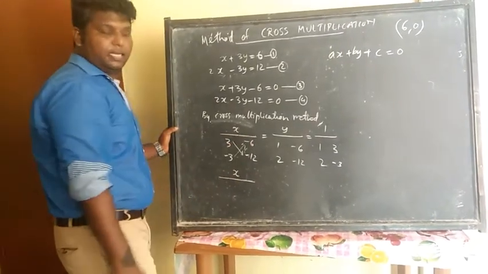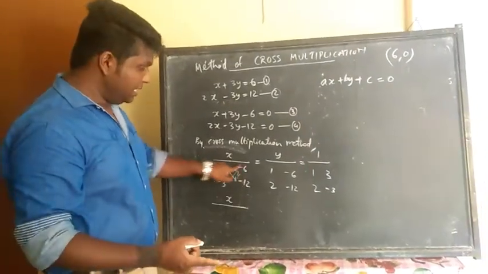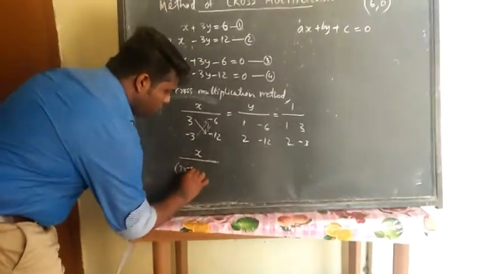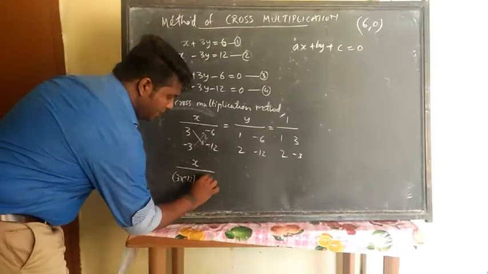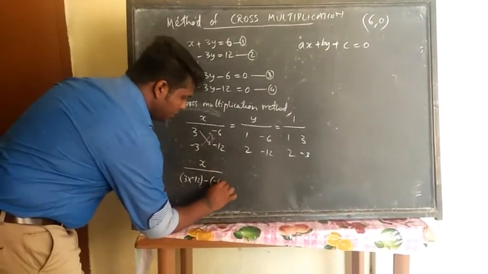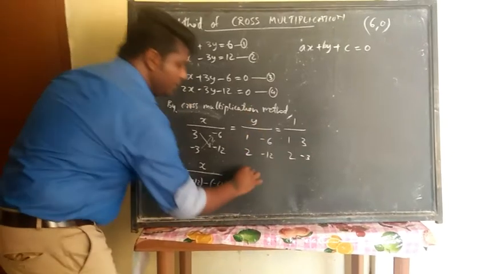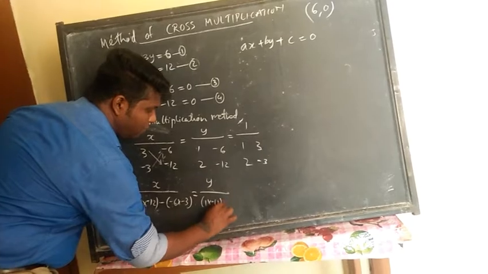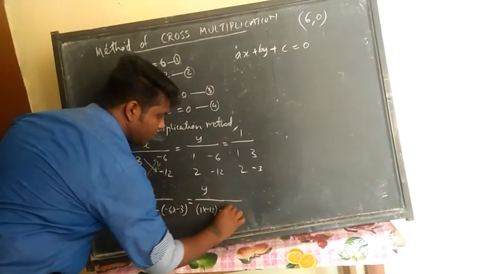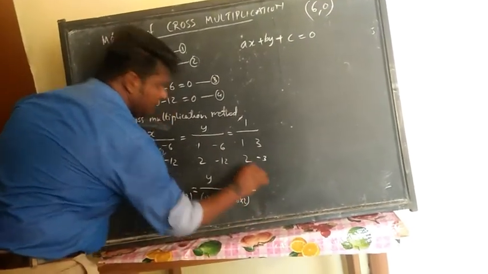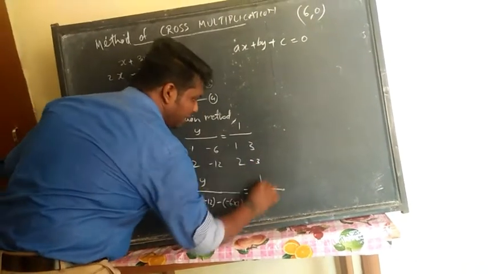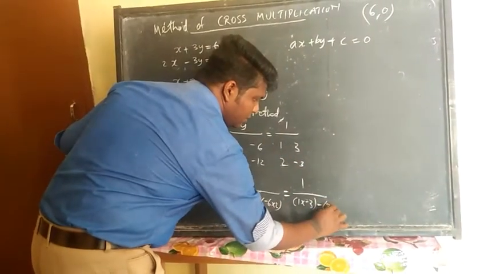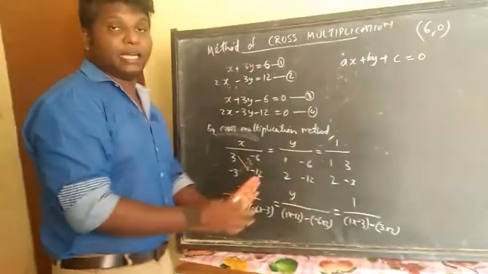ठीक है, ये दोनों पहले मल्टीप्लाई करो माइनस ये दोनों को। तो ये दोनों कैसे मल्टीप्लाई करेगा, ब्रैकेट के अंदर लिखिए 3 इंटू -12 माइनस ब्रैकेट के अंदर -6 इंटू -3, दैट इज इक्वल टू इधर y डिवाइडेड बाय ये दोनों पहले 1 इंटू -12 माइनस नेक्स्ट ब्रैकेट के अंदर -6 इंटू 2 इज इक्वल टू अगेन 1 डिवाइडेड बाय पहले ये दोनों 1 इंटू -3 ब्रैकेट क्लोज माइनस दूसरा ब्रैकेट में 3 इंटू 2.